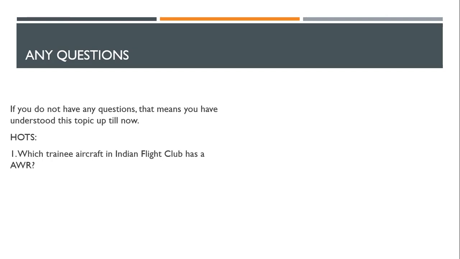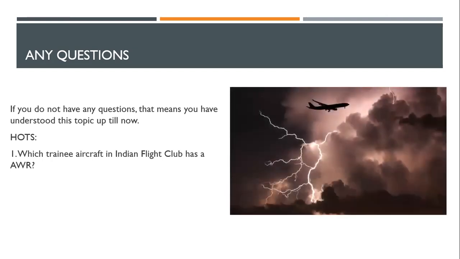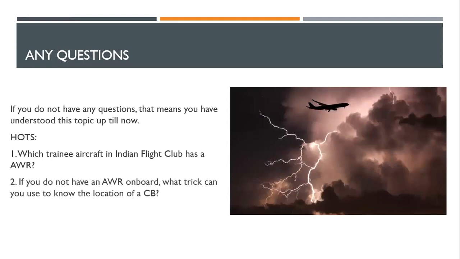So suppose you do not have an AWR, and of course we do not have one in your Cessna and DF40, then what's the trick to know that there is a thunderstorm nearby? If you don't have an AWR on board, what's a trick to know where there is some lightning, thunderstorm, or CB?